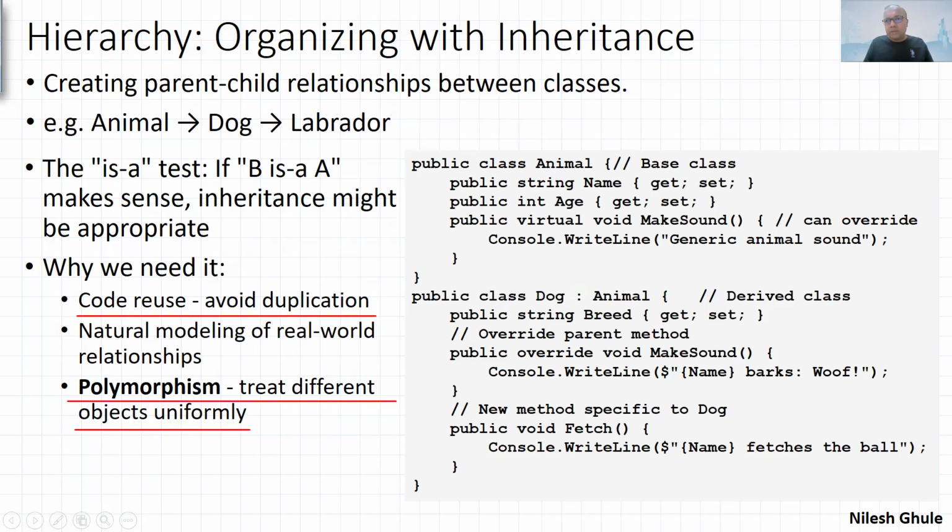In fact, many times inheritance is done to get this polymorphic behavior. Officially, the word polymorphism: poly means many, morphism means taking form. So polymorphism is all about taking many forms.